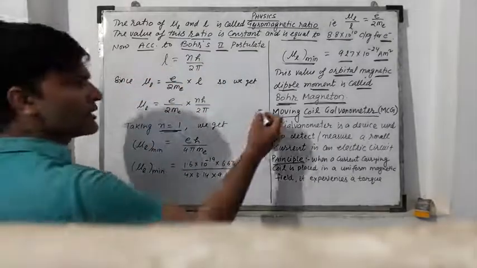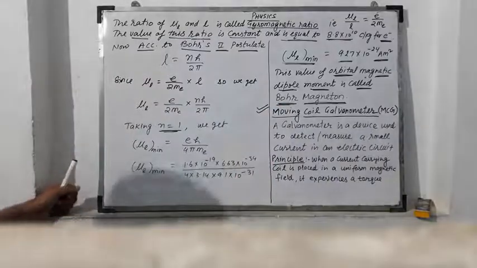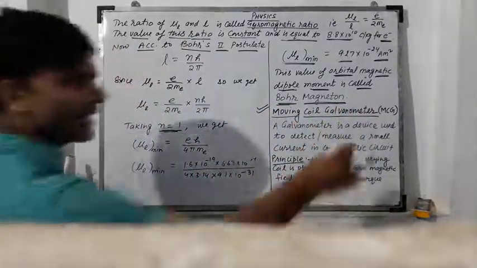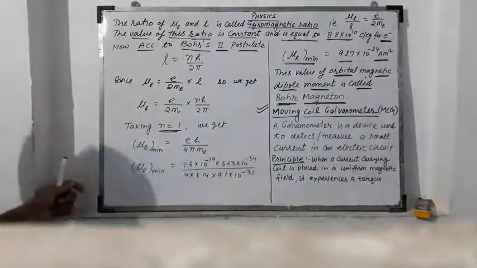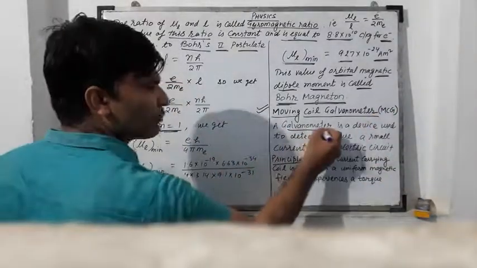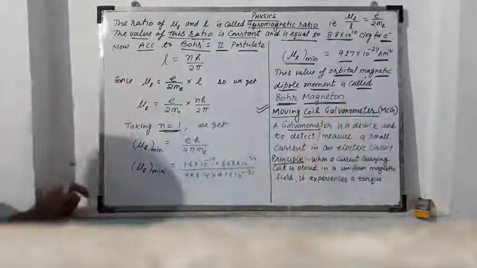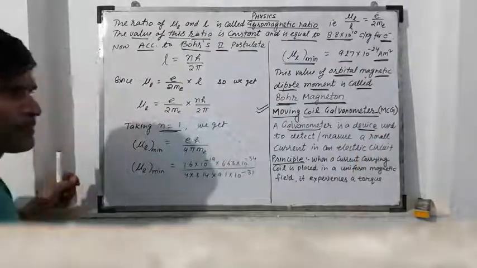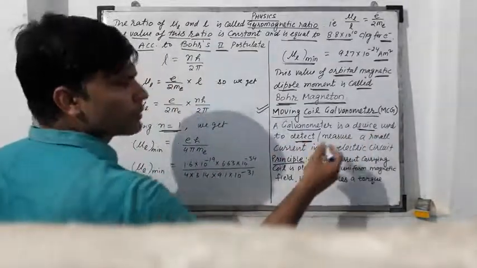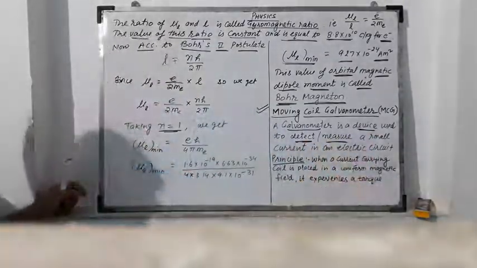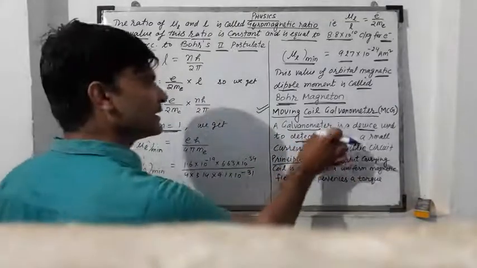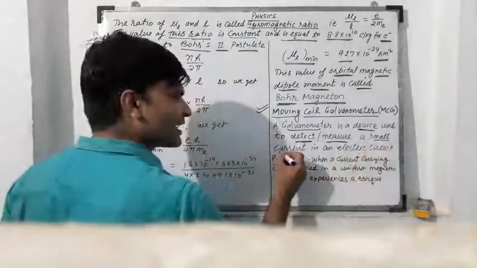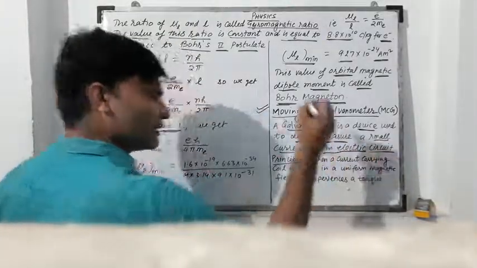Now, one important topic of this chapter is the moving coil galvanometer, MCG. A galvanometer, or moving coil galvanometer, is a device used to detect and measure a small current in an electric circuit.